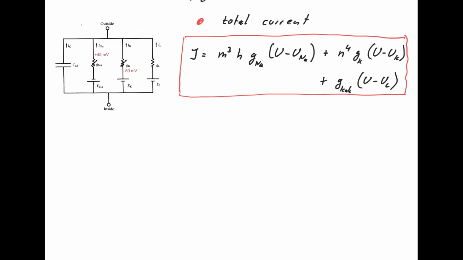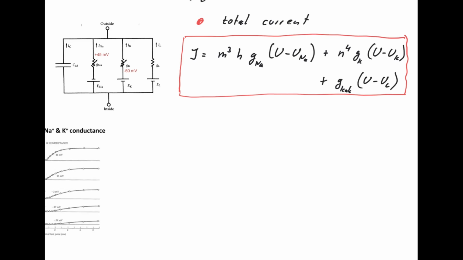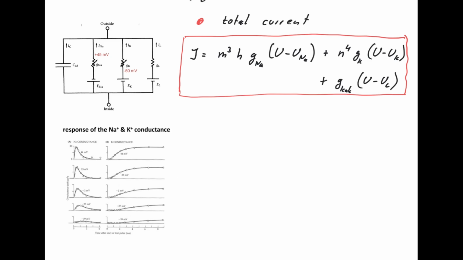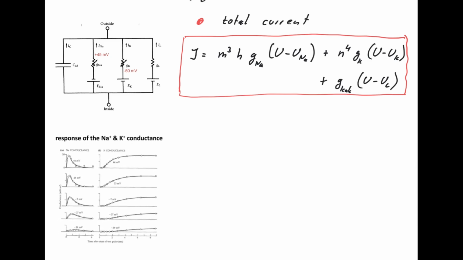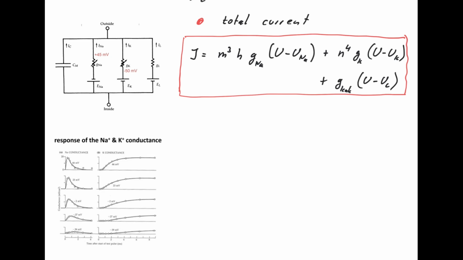Now, the values for m, h, and n have been found by experiment like on the left, where you look at the response of the different currents as a function of time at different applied voltages and voltage steps and at different concentrations of sodium or potassium.